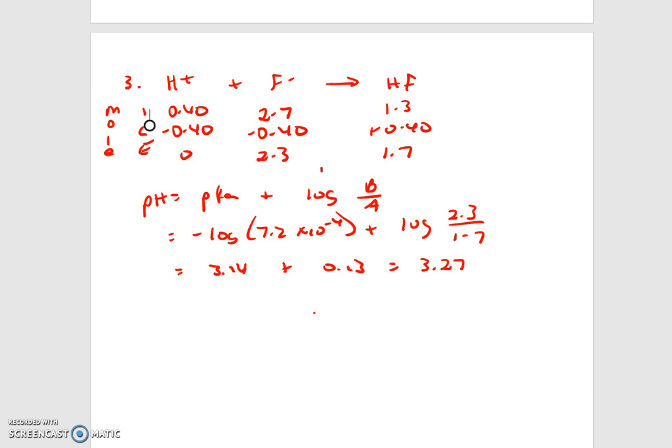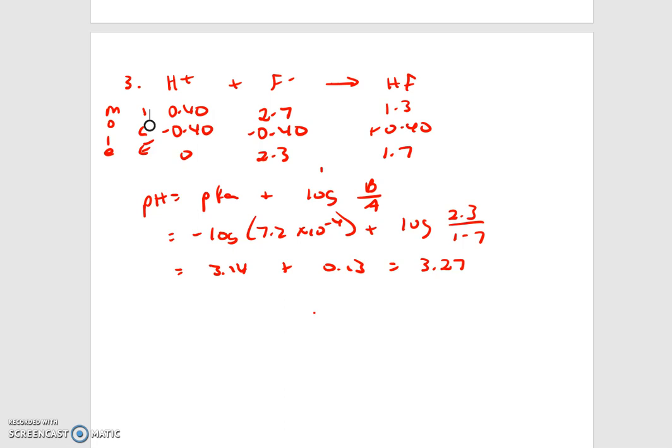So 0.40 moles of hydrogen ion are going to react with 0.40 moles of fluoride ion, and I'm going to produce 0.40 moles of hydrofluoric acid. So when the reaction is complete, I'm going to have 2.3 moles of fluoride ion and 1.7 moles of hydrofluoric acid left in my solution. And that is a weak acid and a base in the solution, so I still have my buffer solution intact.